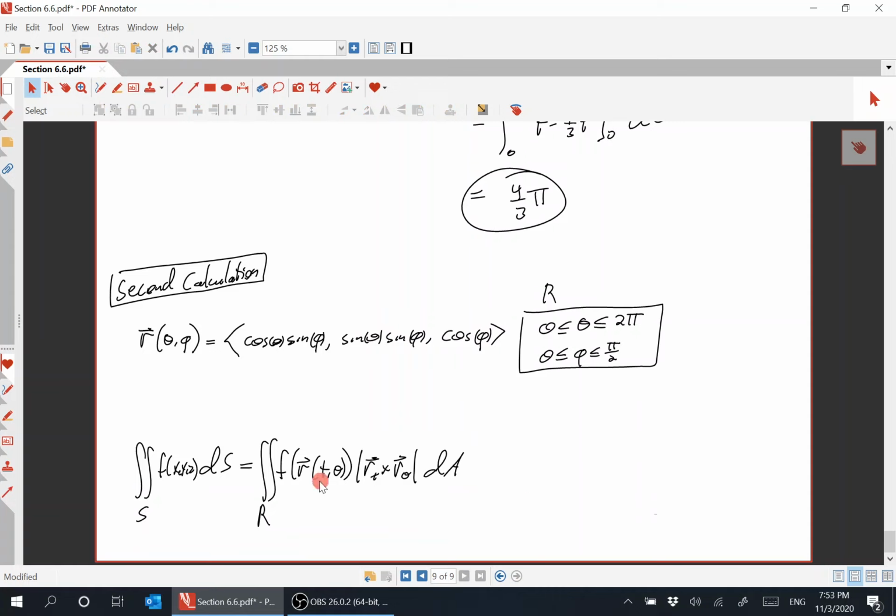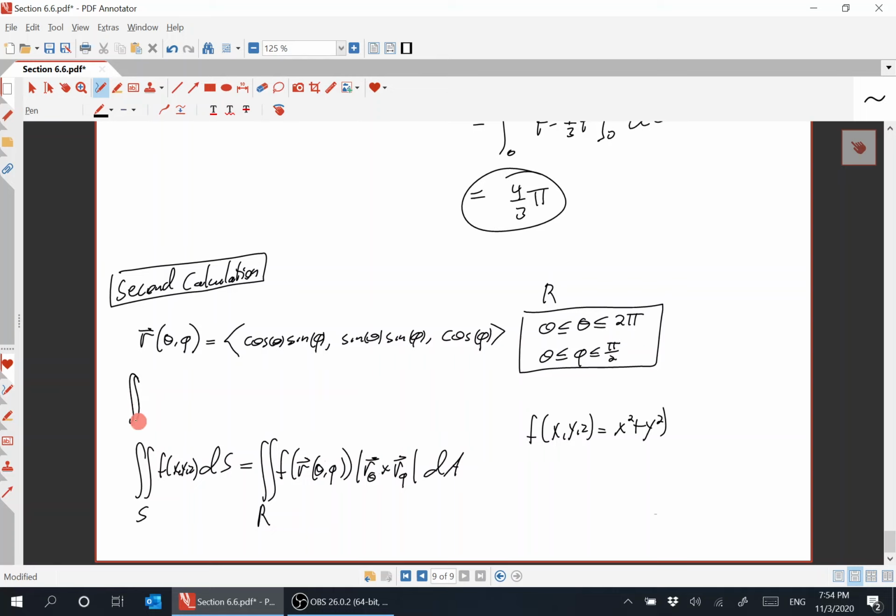We need f of r of theta, phi, and the cross product of the partial derivative of r with respect to theta and the partial derivative of r with respect to phi. So we've got to get all those ingredients first.